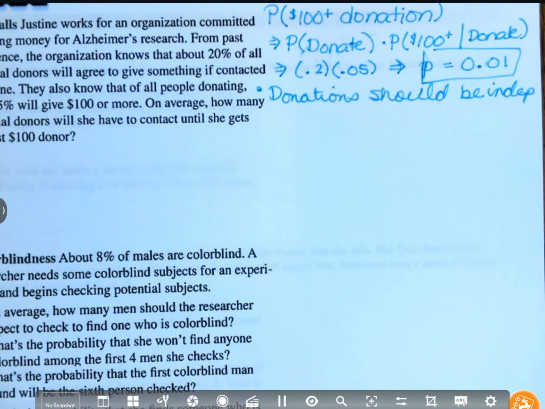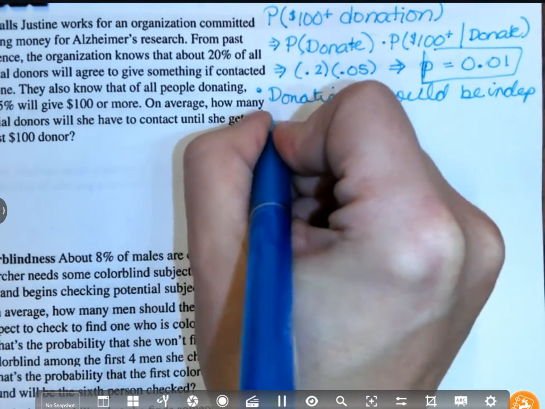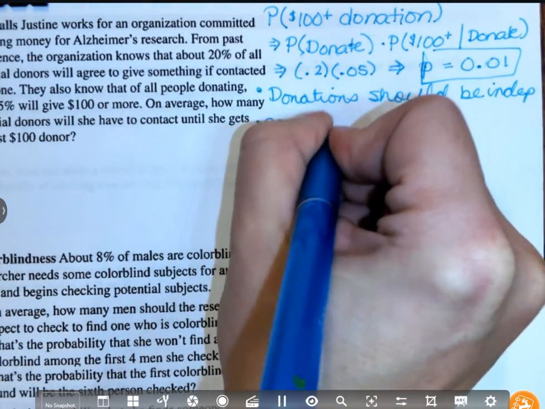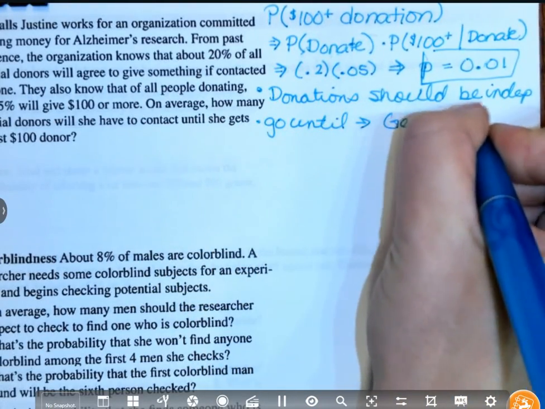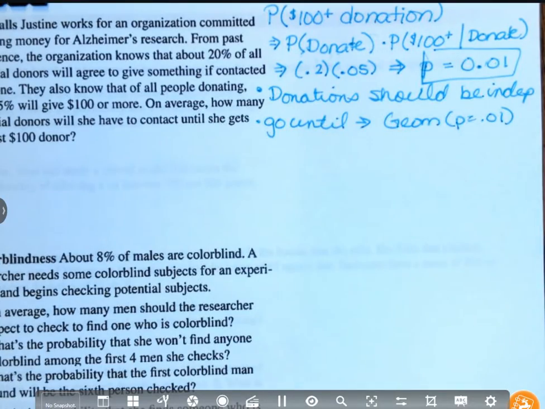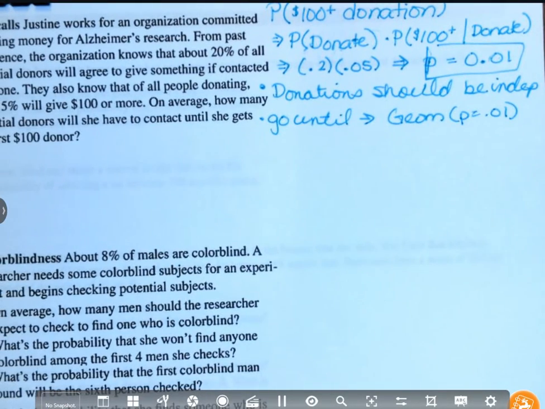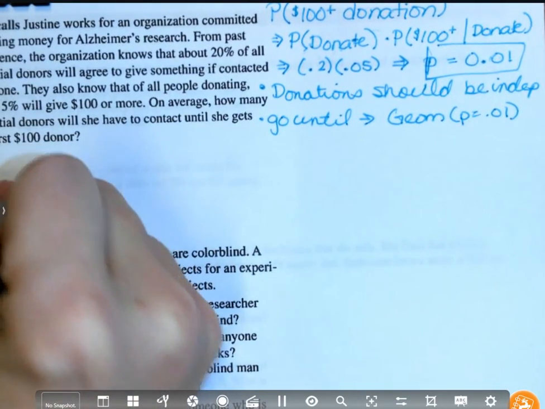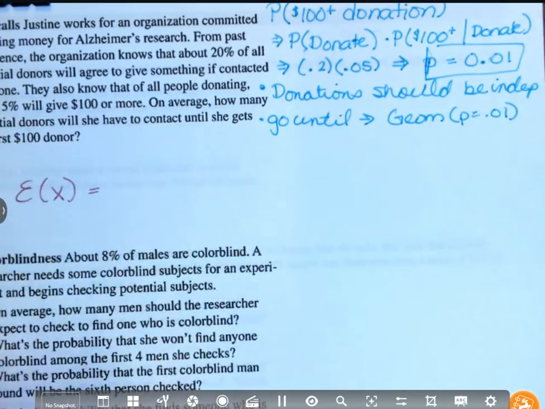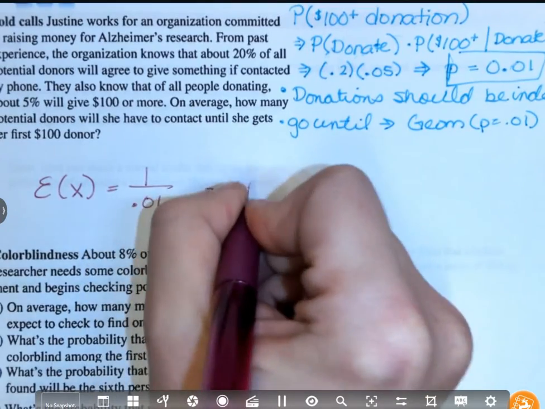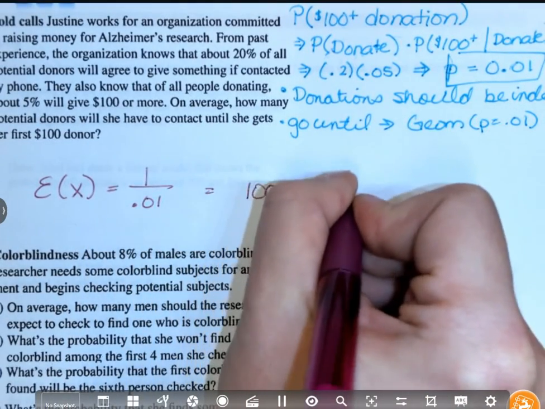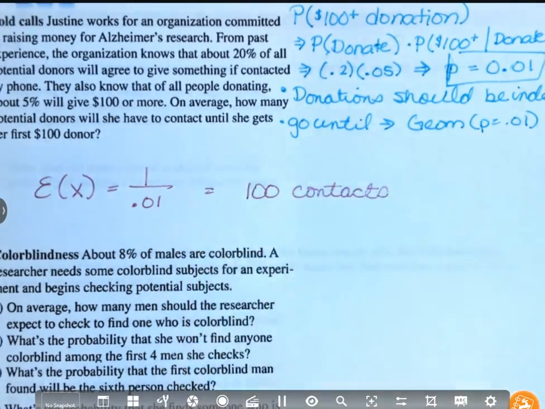In order to use my formula, what do I need? Geometric. So since this is a go until, I can do geometric where my probability is 0.01. So how would I calculate the expected value of this? So it should be 100 contacts. And actually, we're running out of time here, but that's okay.